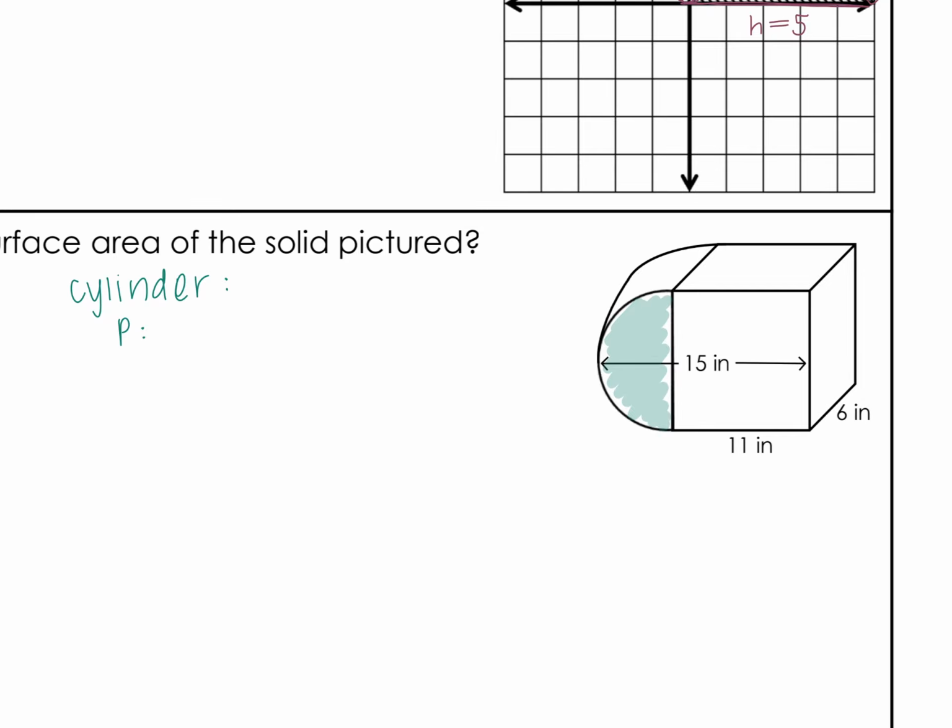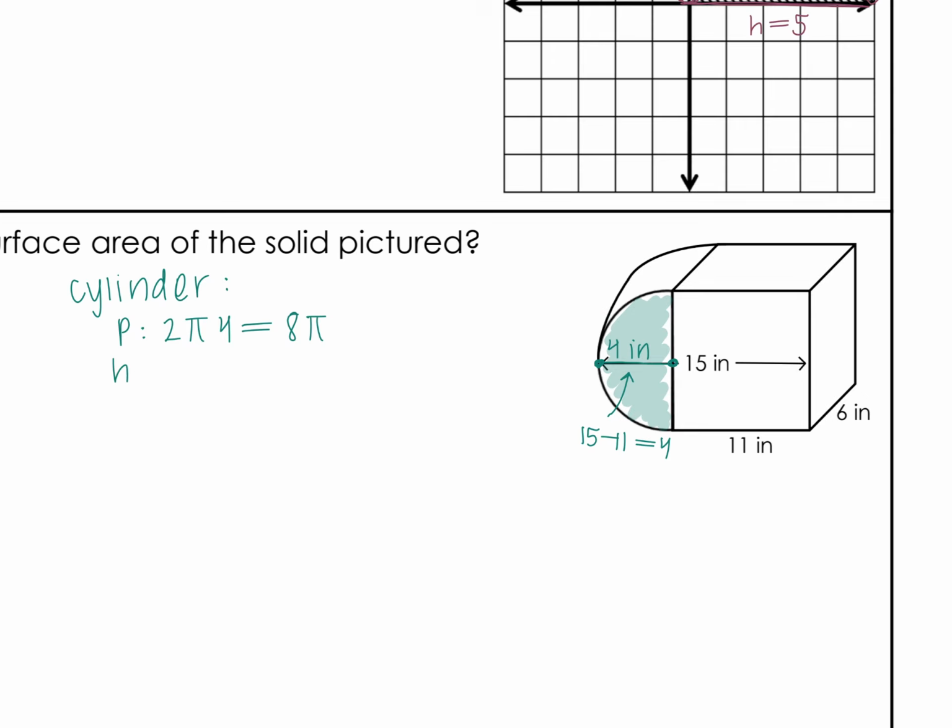Now, what I do see is that this full length is 15 inches, but they do tell us that this portion of it down here is 11 inches. So what I can do to figure out from here to here, which would be my radius, is take that 15 minus 11 to get 4. So here we're going to have a radius of 4 inches. So we'll have 2 pi times 4 to give us 8 pi.